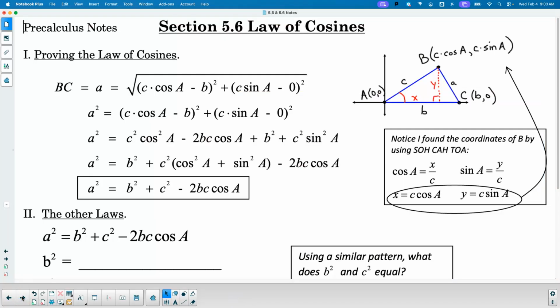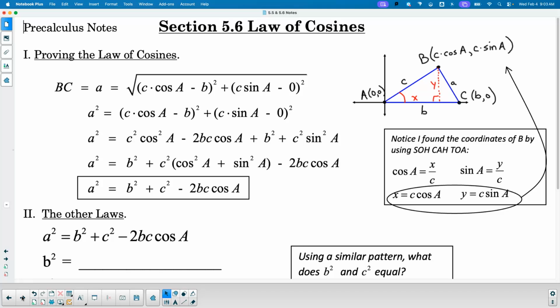Now, this is the proof of the law of cosines. How you go about proving it is you put a point somewhere in quadrant number 1.